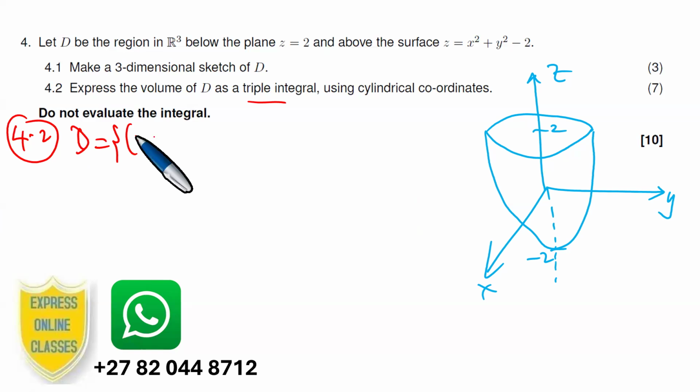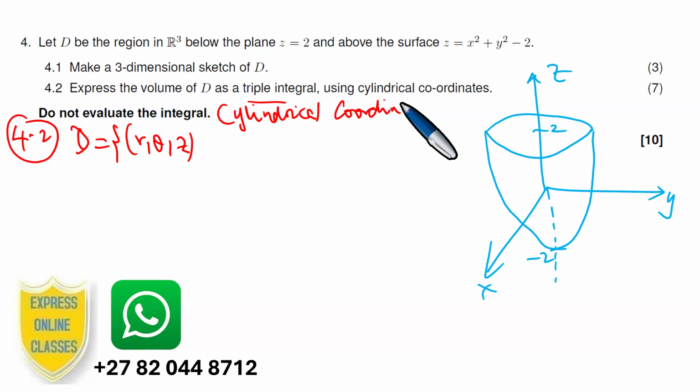We use r, theta, z for what we call cylindrical coordinates. So that 0 is less than or equal to theta, less than 2 pi.